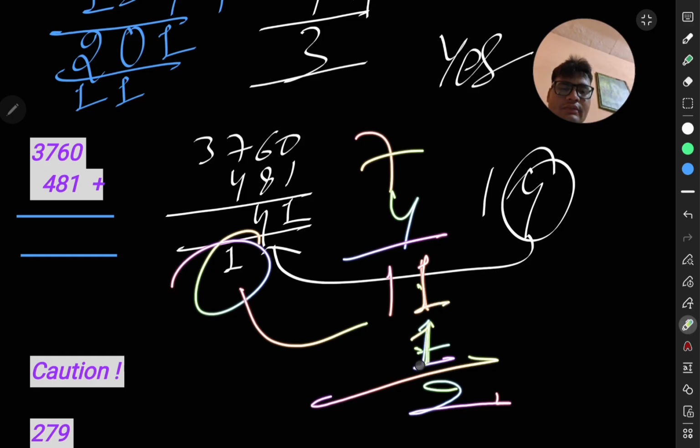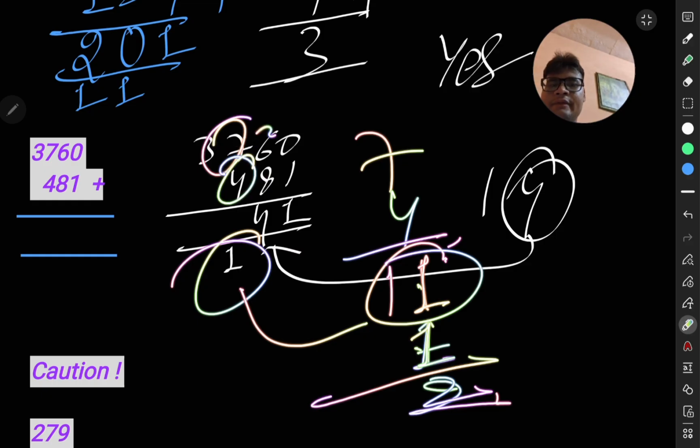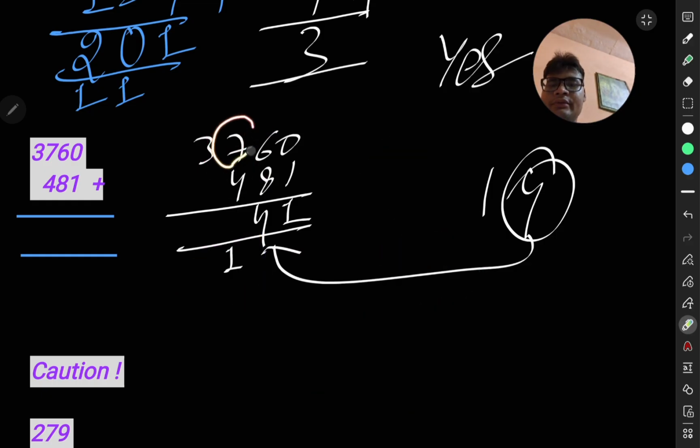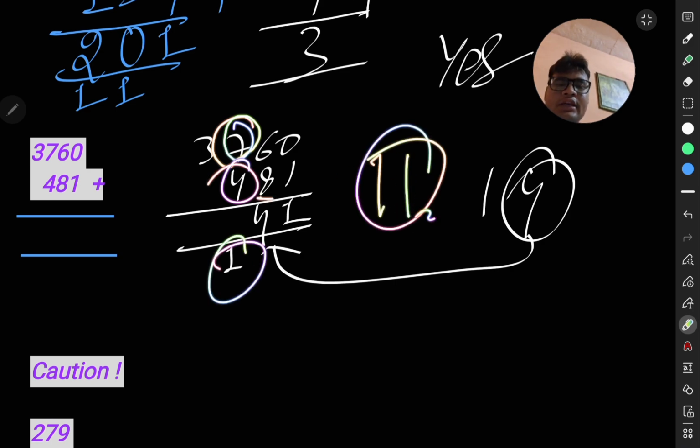By adding this 7 and 4 we get 11, and we have to add this carry to this 11, so we get 12.